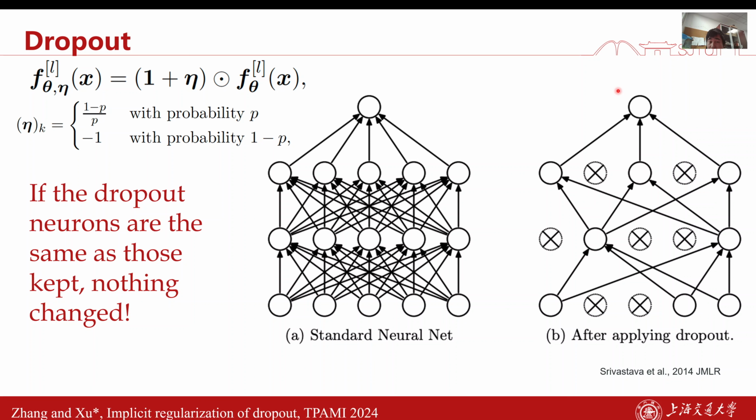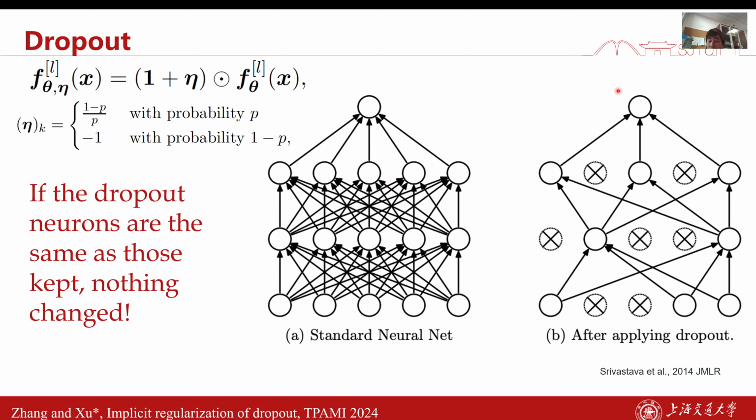The remaining neurons should be able to compensate for the masked neurons, right? And in another extreme case, if all neurons are exactly the same, then this mask doesn't have any effect anymore, because the remaining neurons can compensate for those masked neurons exactly, right?